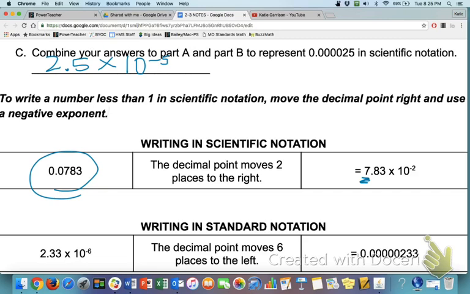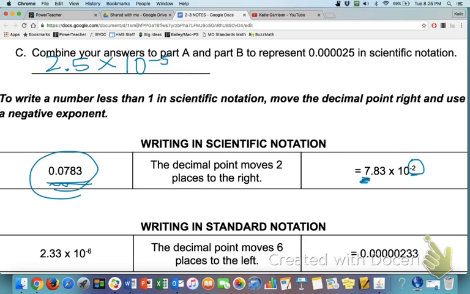We're putting the front number between 1 and 10, and we're representing that it's super tiny by showing you that the exponent is negative. And again, if it's a really big number, then the exponent will end up being positive. So don't get too hung up on do I go left, do I go right. Just make sure you know that if it's a tiny number, it's going to be negative. If it's a big number, it's going to be positive, and you still move the decimal as many times as it takes to get your number between 1 and 10.